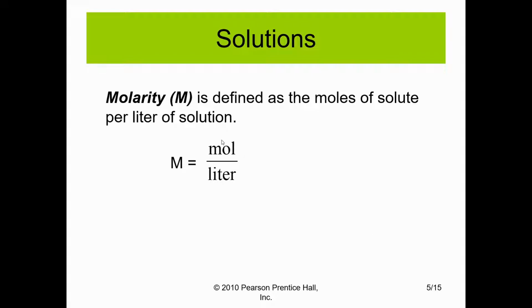This is going to be the moles of solute, or a number that we can translate into the number of molecules of the solute that we're putting into the solution. And then in the denominator, we have liters, which is going to be the volume of the solvent that is used for the solution. The molarity gives us a quantitative measurement for the concentration of a solution.